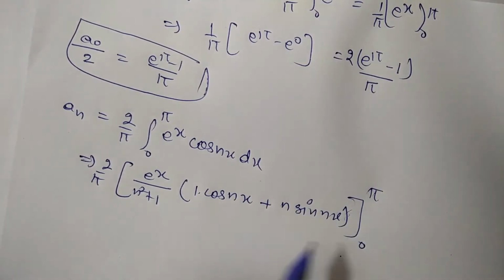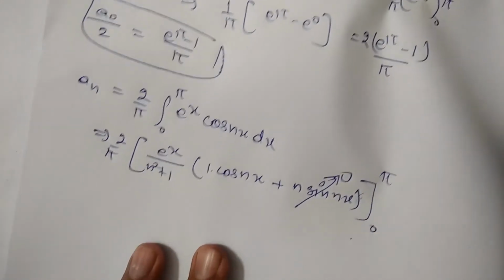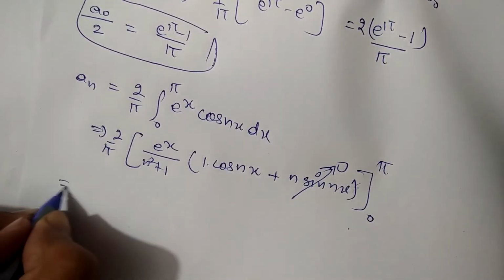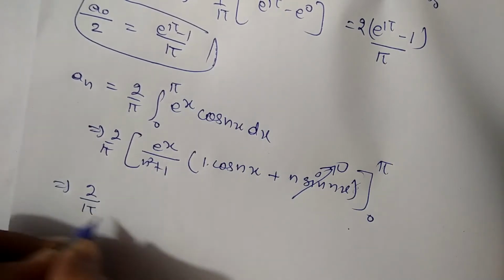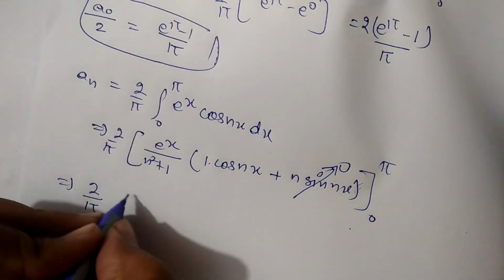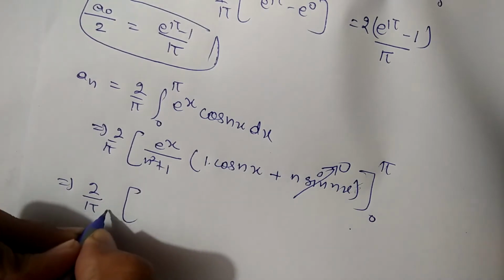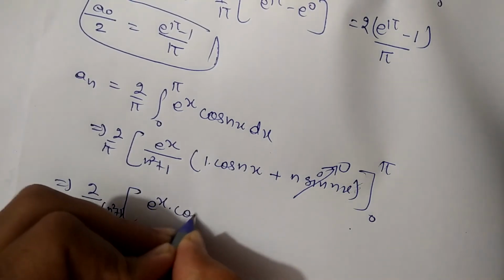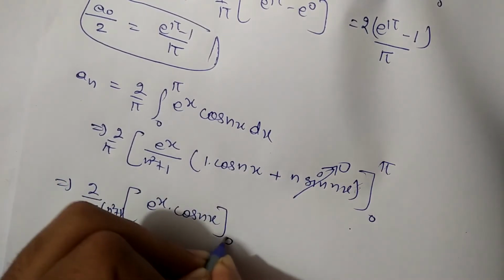Again here in between the limits 0 to pi, sin n pi will be 0 only, so we will integrate this value only, and this value will turn into 2 by pi, and (n square plus 1) also I can take outside common, inside e^x cos nx, putting the limits from 0 to pi.